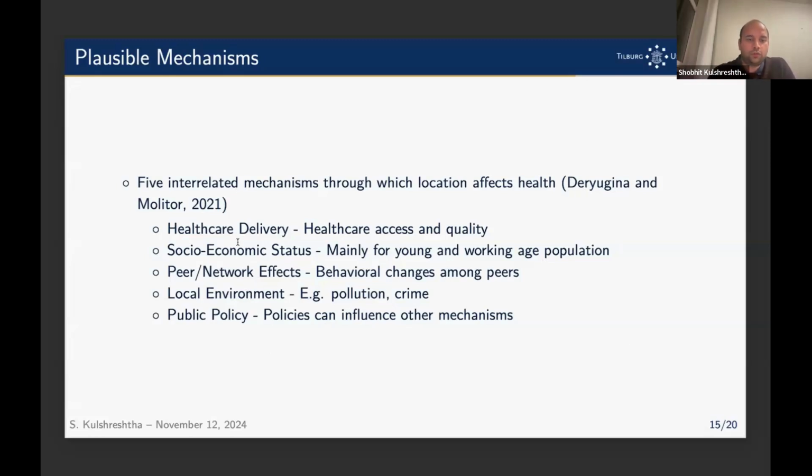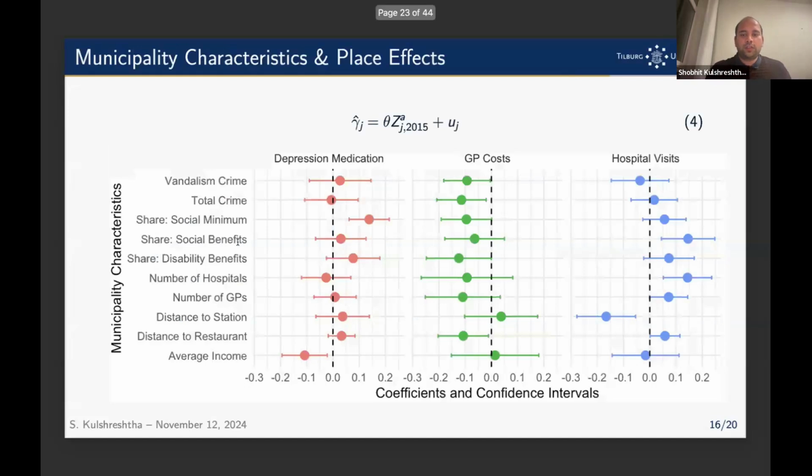I'm not going to focus too much on this, but what I find is that variables for healthcare access, for example the number of hospitals and the number of general practitioners, have a positive correlation with place effects for hospital visits.